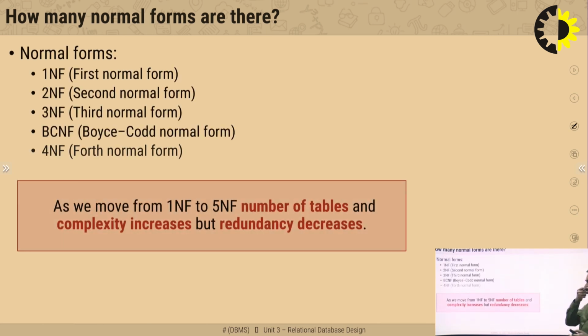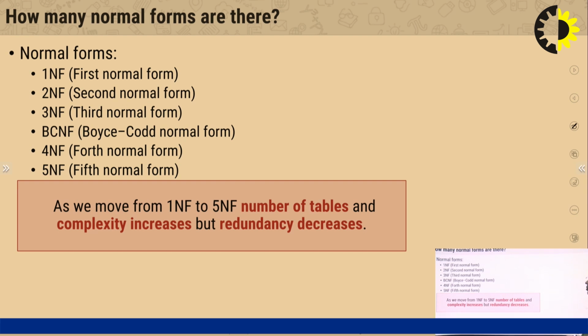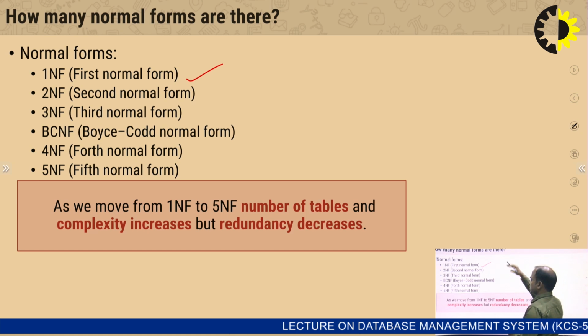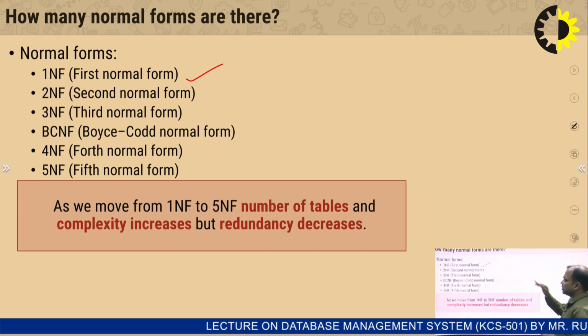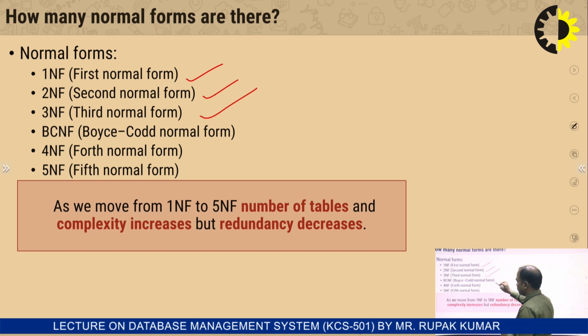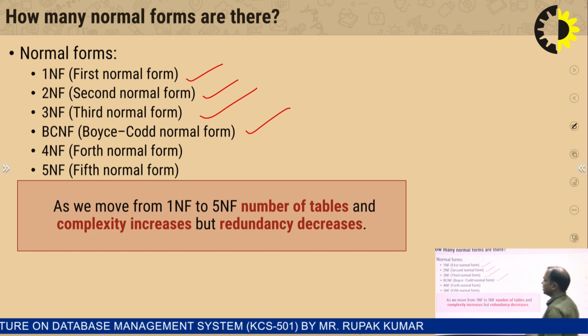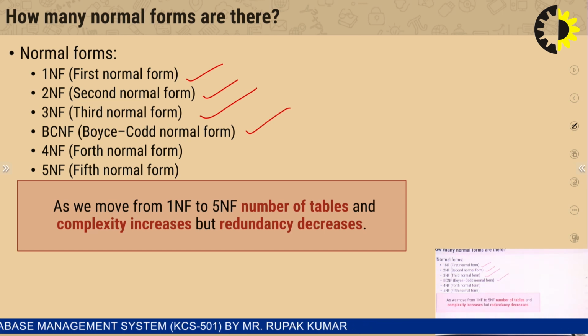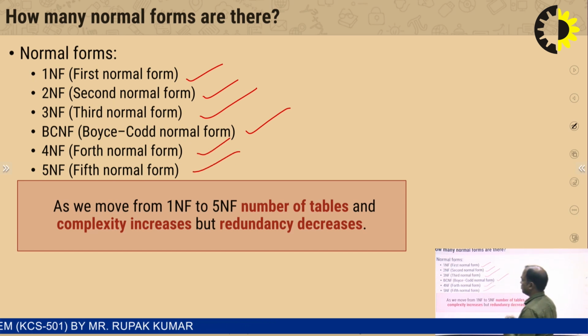Next, we have some normal forms, types of normal form we can say. First, we have the first normal form. If we have a table and data, we must decompose that data into first normal form. Second is the second normal form, third normal form. Then in fourth position we have BCNF, that is Boyce-Codd normal form. Next we have the fourth normal form and fifth normal form.